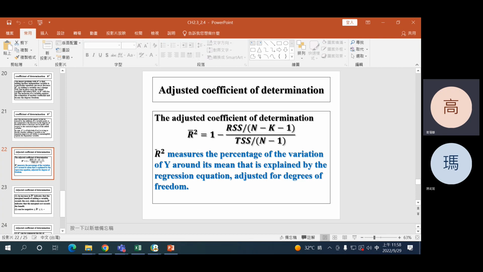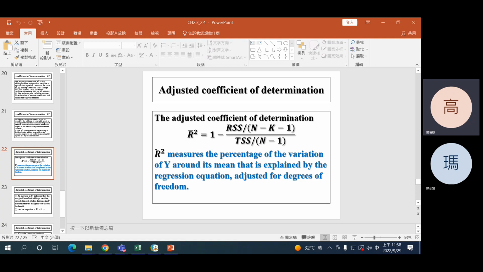All the degrees of freedom are related to the sample size. n is the number of data, and k is the number of x variables.